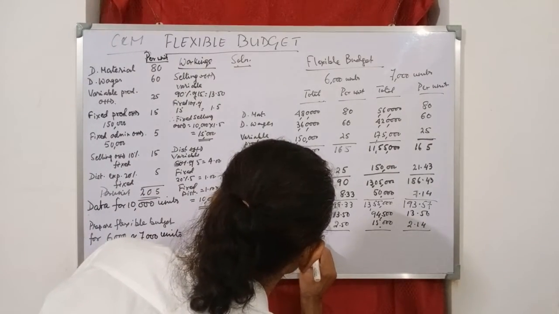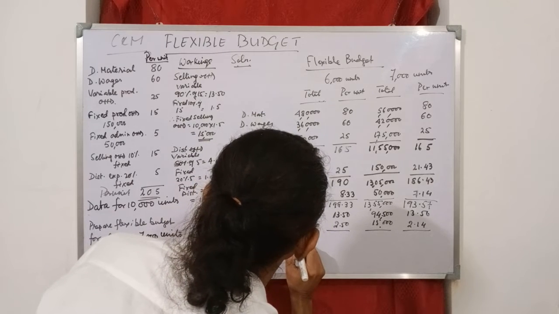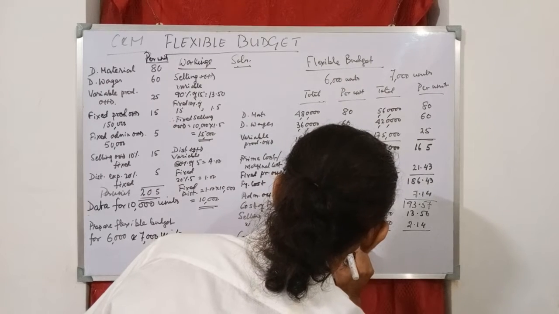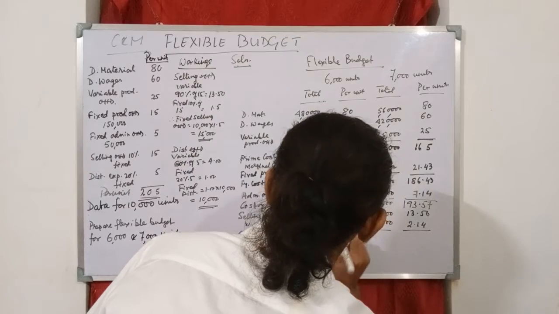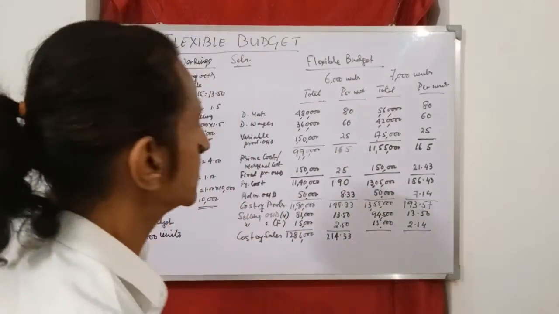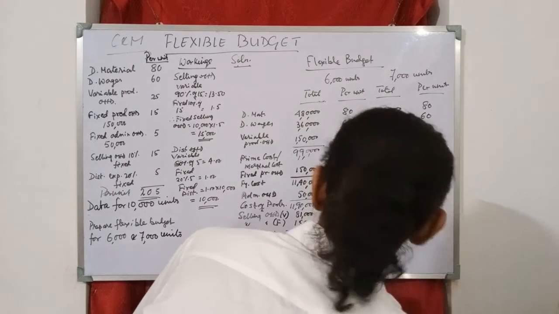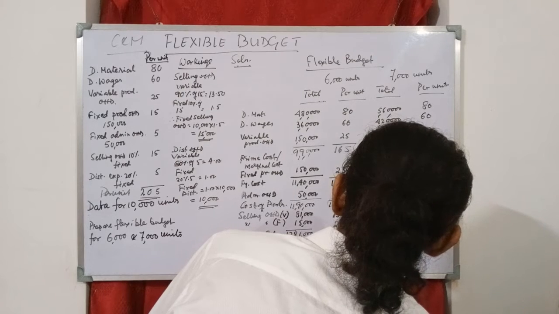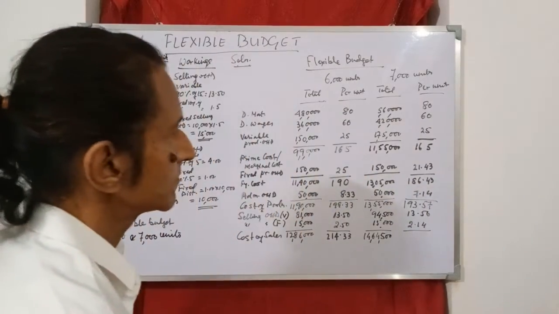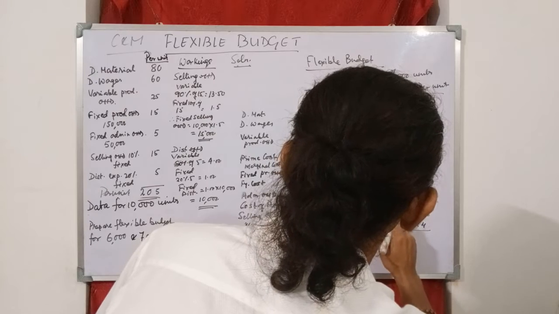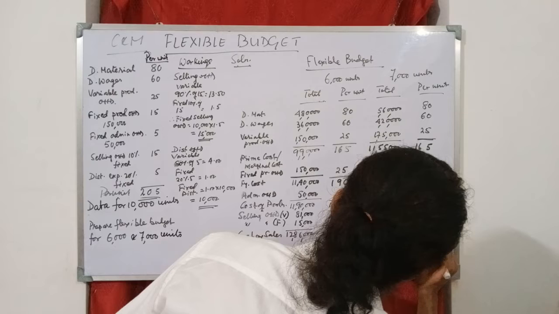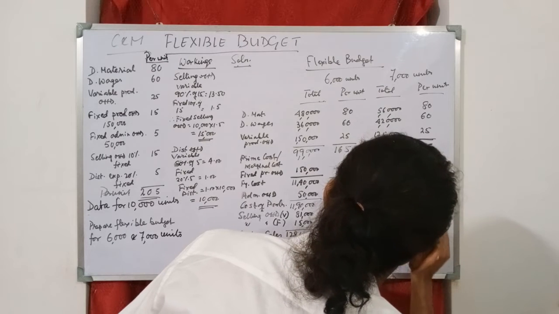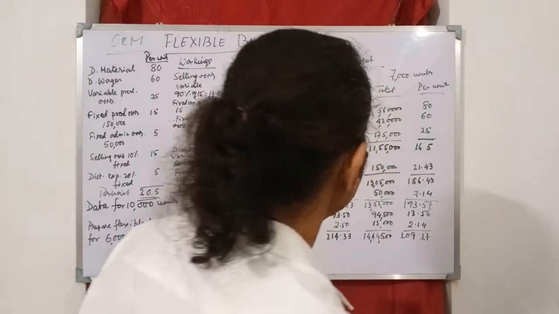Here it becomes 1,286,000 and the per unit becomes 214.33, and for 7,000 units the total cost of sales is 1,464,500, with $209.27 per unit.